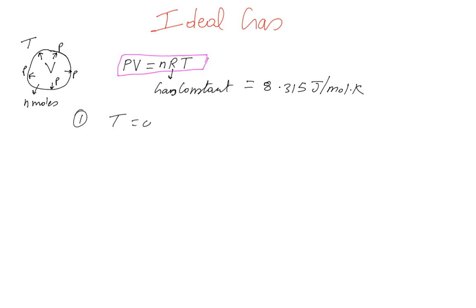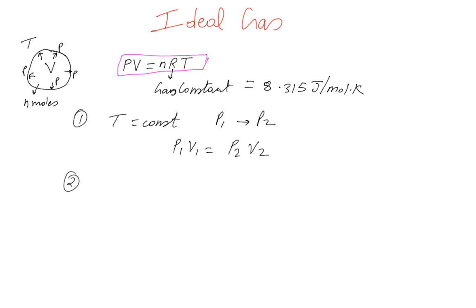If you keep T constant, and let's say you increase pressure from P1 to P2, then we know that P1 V1 will be equal to P2 V2. So from here you can deduce what will be the new volume given the initial and the final pressure as well as the initial volume.